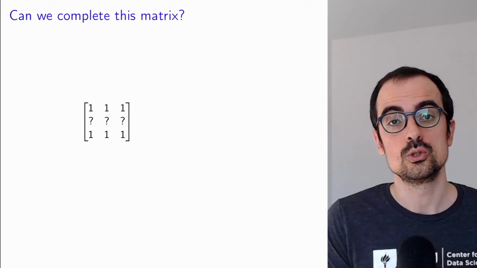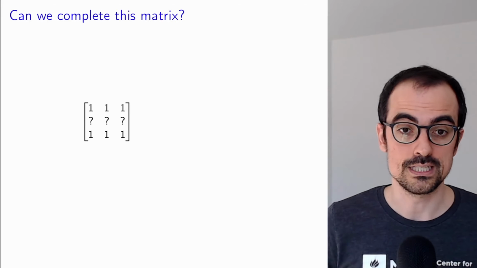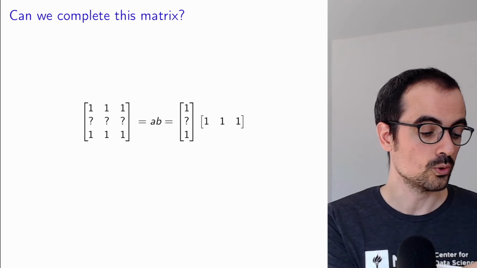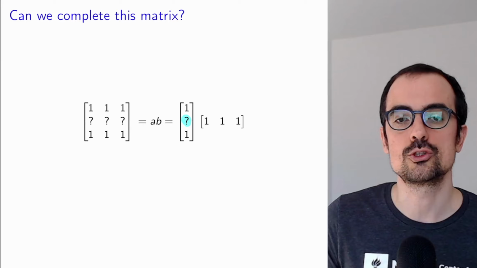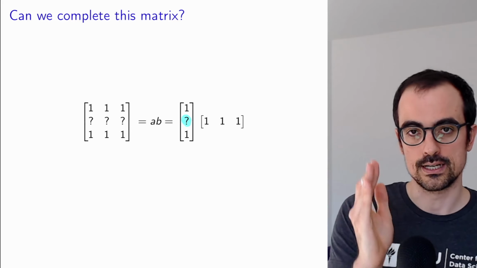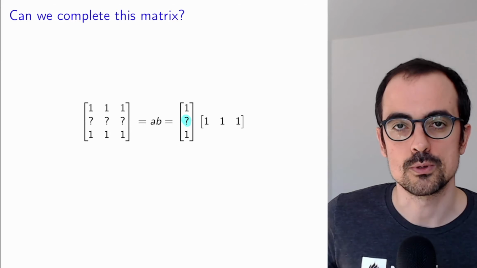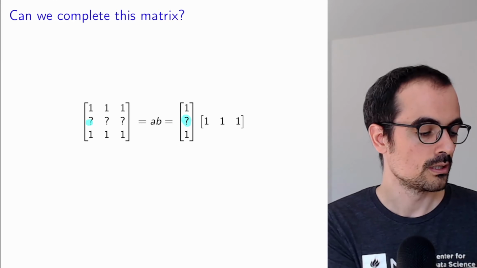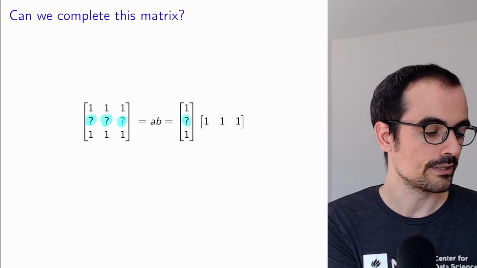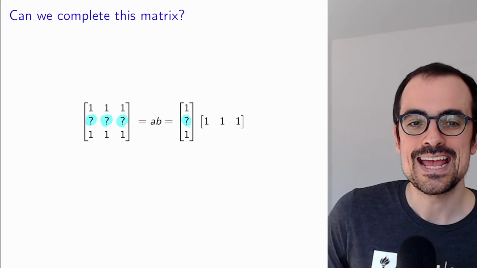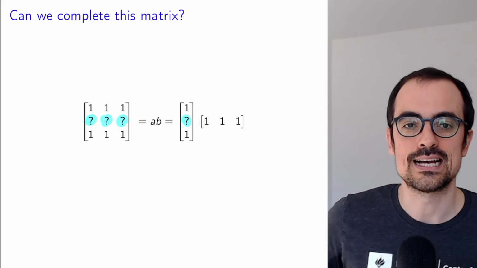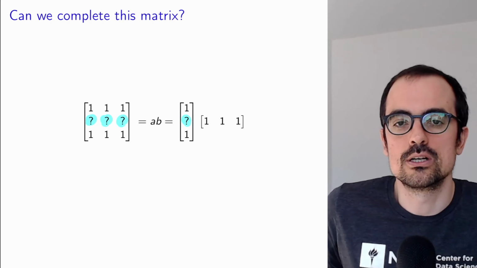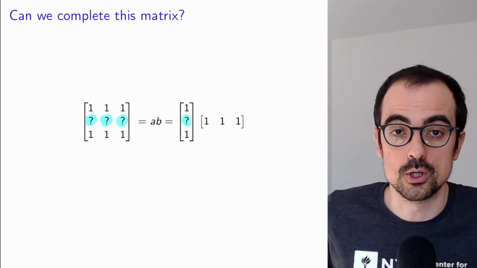And if we were to carry out the same procedure for this matrix, we would see that when we get to this entry in the column vector corresponding to this rank 1 model, we cannot solve for it because we haven't observed any entries within that row. So how are we going to retrieve that value? That's absolutely impossible.